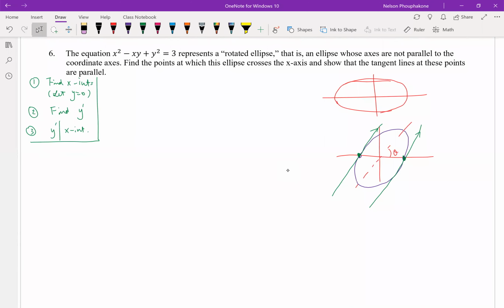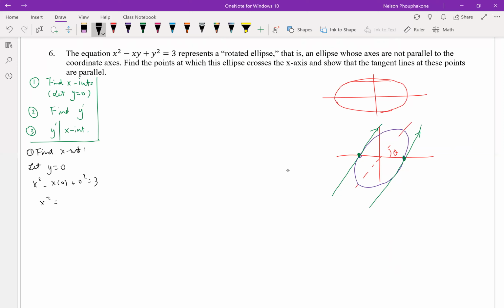Now, of course, the first step is kind of easy. We want to find the x-intercept, so we let y equal to 0. So I have x squared minus x times 0 plus 0 squared equal to 3.